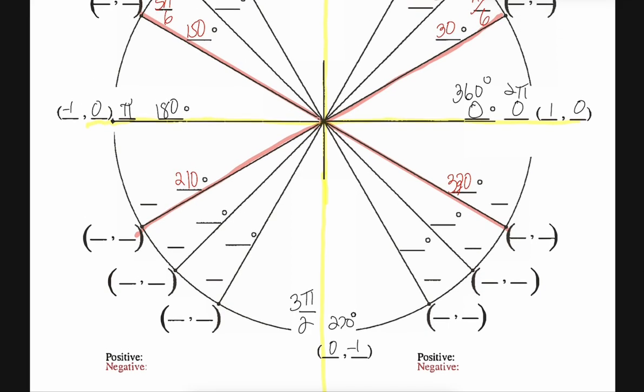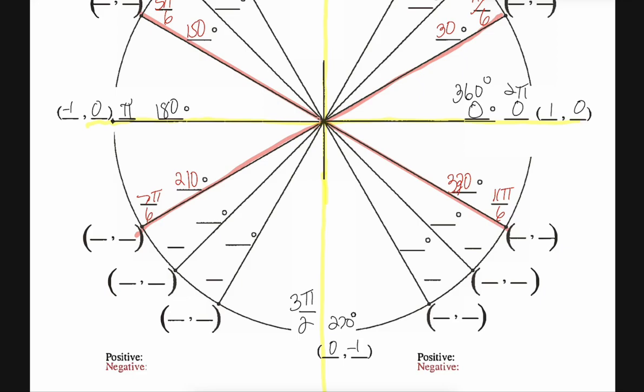How many times does 30 go into 210, or 3 go into 21? 7. That's 7 pi over 6. How many times does 30 go into 330, or 3 go into 33? 11. That's 11 pi over 6.